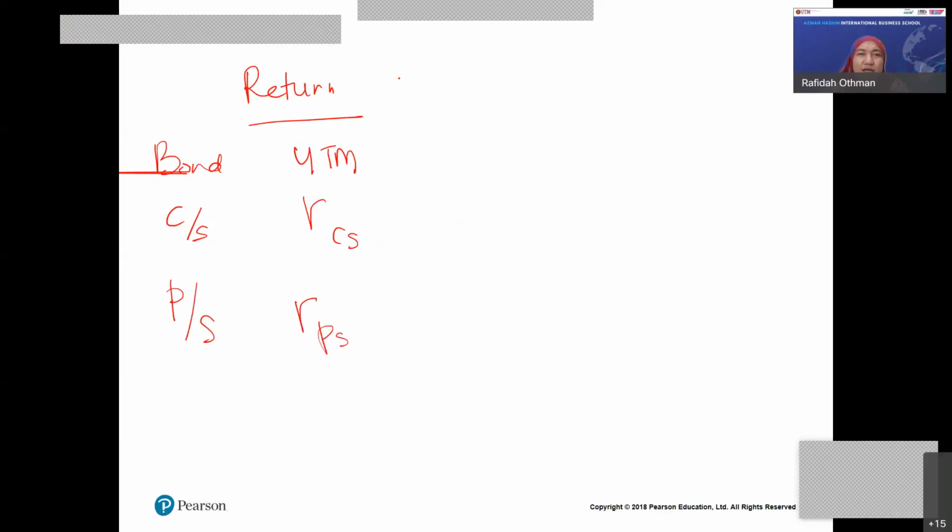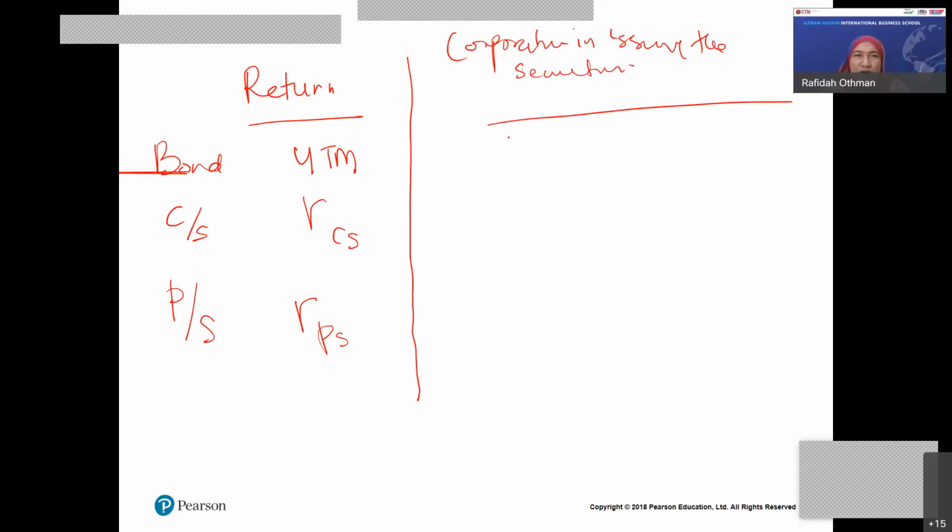That is the investor's point of view. But for the corporation issuing securities, for bond they call it the cost of debt, for common stock it's the cost of common stock, and for preferred stock it's the cost of preferred stock.